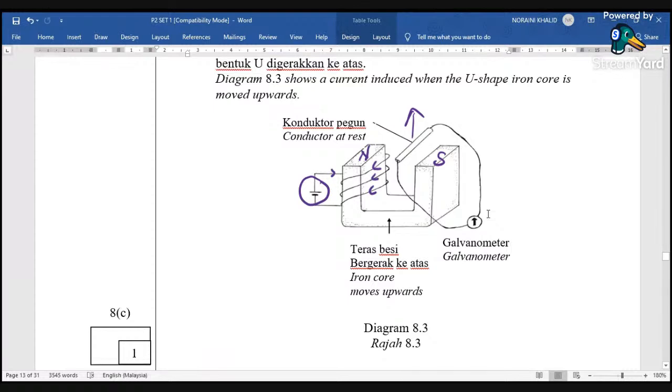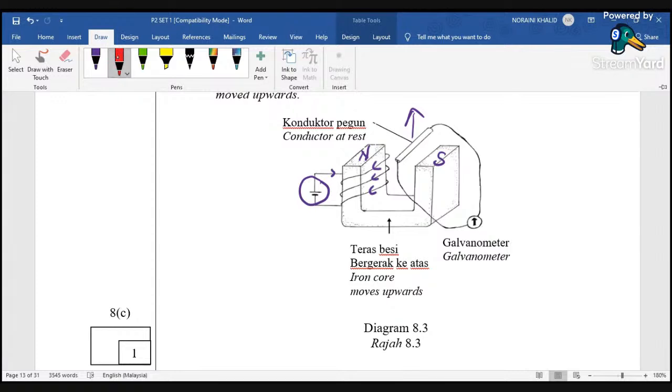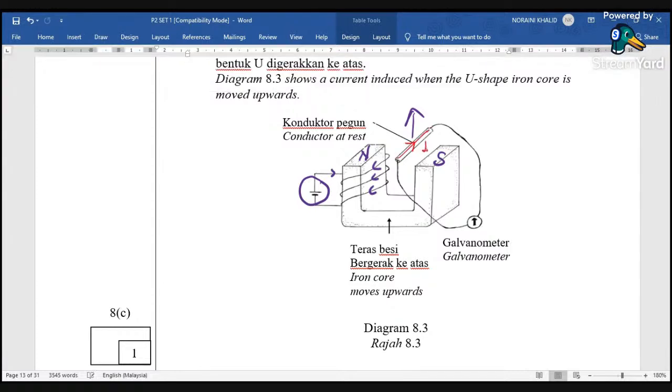Okay, and then you apply Fleming right hand rule. Move up north to south. Current is into the screen. So direction of current will be this direction. Okay.